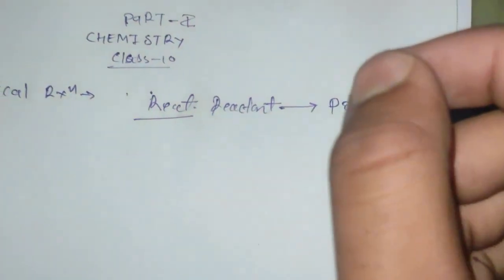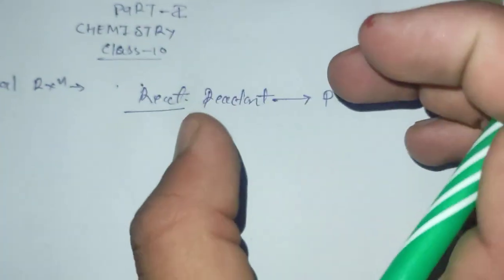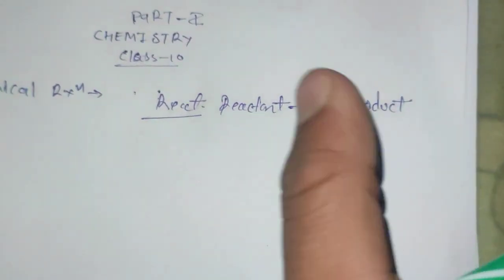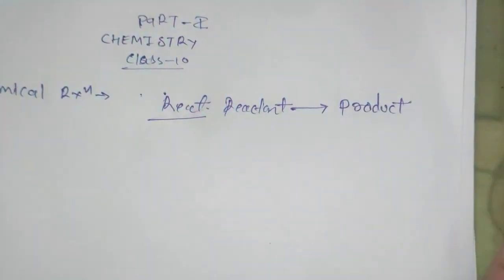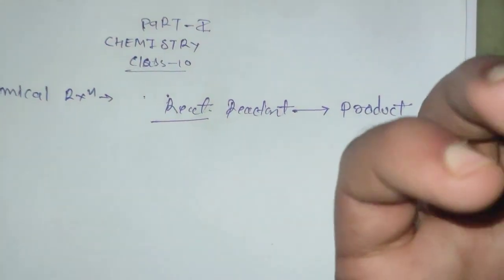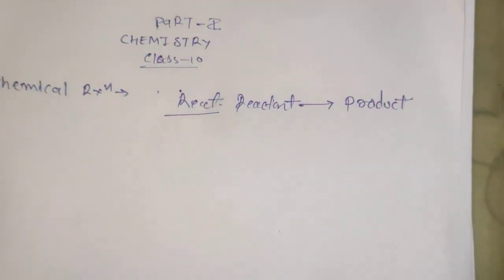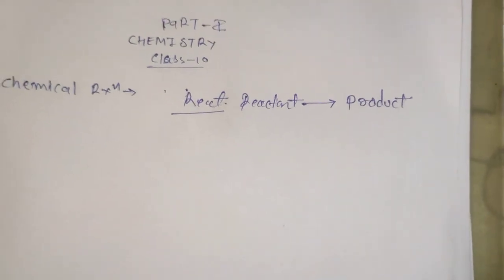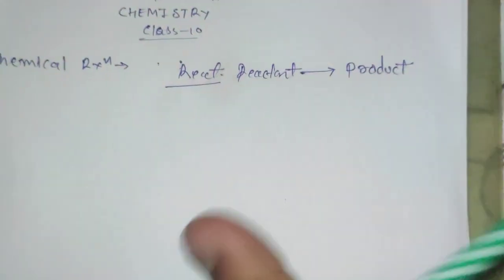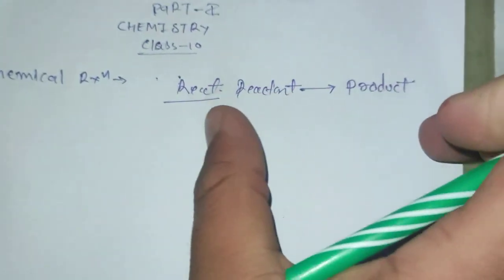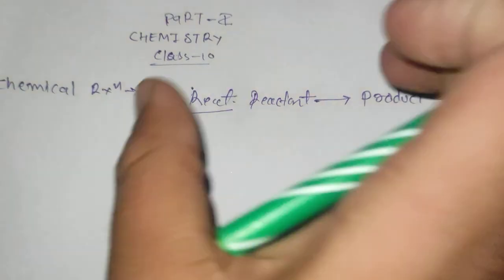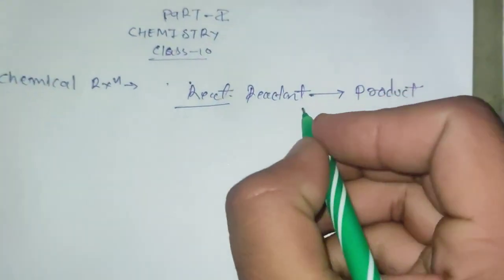For example, the reactants could be milk, water, or anything else involved in the reaction. After the reaction they become the product, and the properties change, as I explained previously. This study of the change in states we know by the help of chemical reactions.